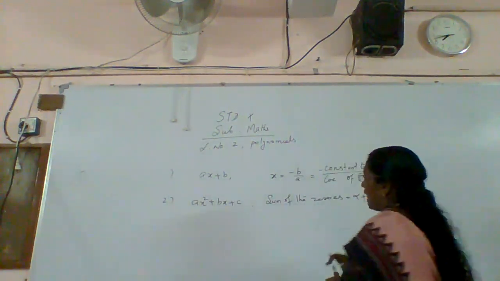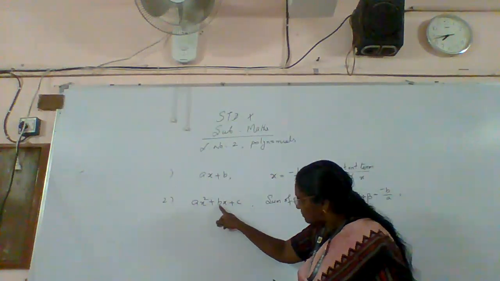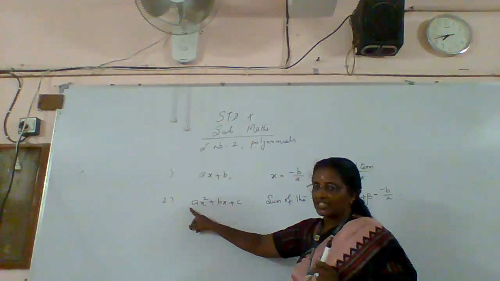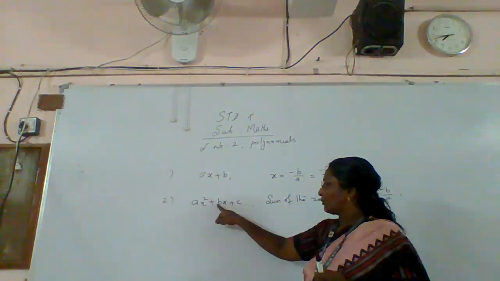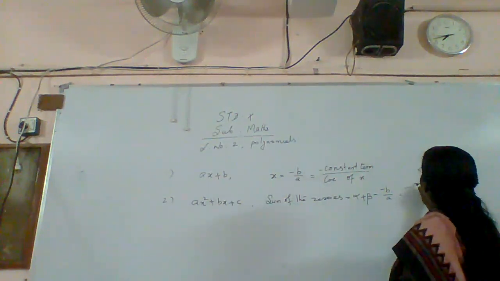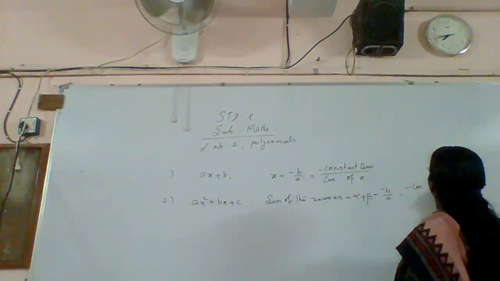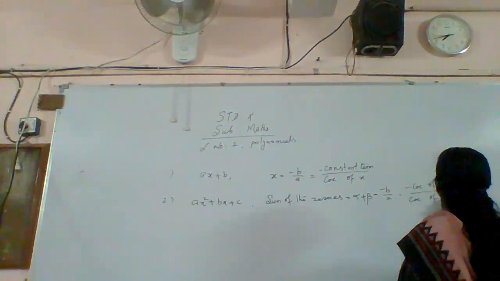I told you to leave the first term and start from the second term onwards. First start with minus, then plus, then minus in such a way. So minus b by a means minus coefficient of x divided by coefficient of x square.